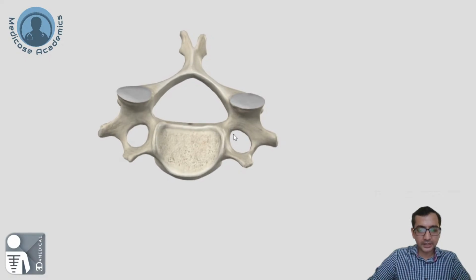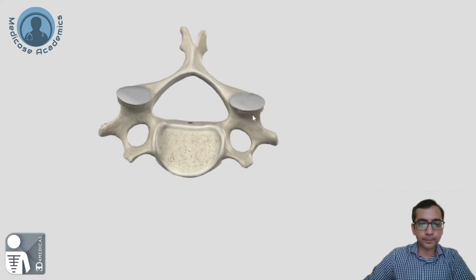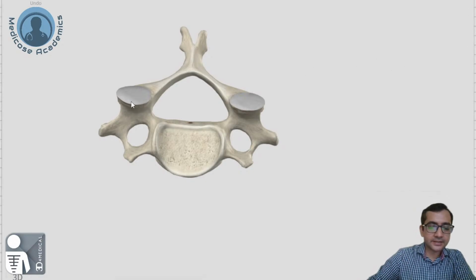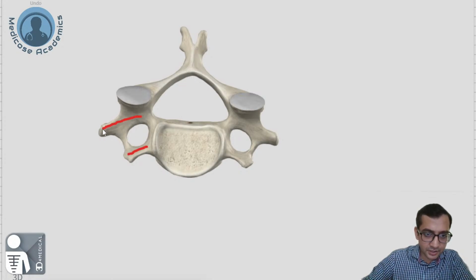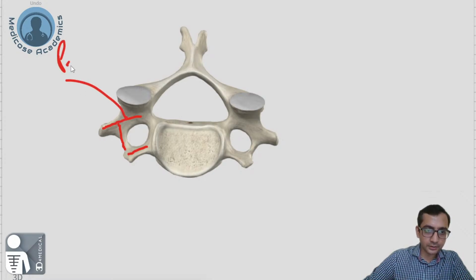Let's look at the transverse process. It is a little complex as compared to those of the thoracic and lumbar vertebrae. It has three parts: the anterior, the posterior, and the one joining them. This is called posterior. Simple, remember the relation.